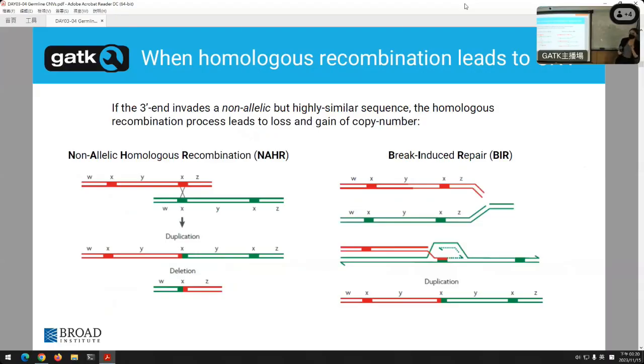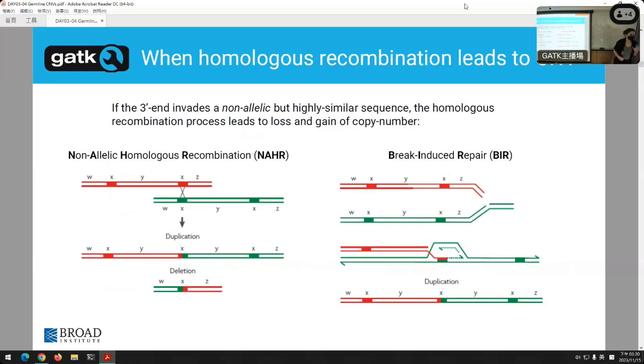So if we look at the left side of this figure, we can see that this is a stretch of DNA in which there are two segments that are labeled with an X. So both of those X's are parts of the DNA that are very similar to each other.